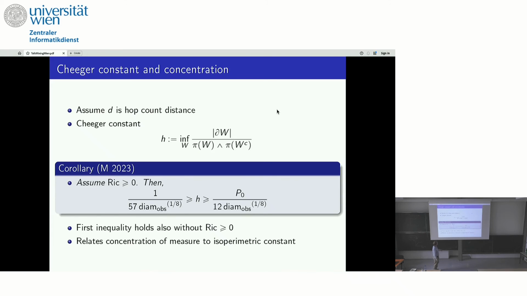So yeah, there is still this discrepancy with the P0, which is something quite typically happening on graphs. So for example, you have the Cheeger-Buser inequality, and also you get this P0 as a factor in between the two sides. So this first inequality is a very general estimate. You don't need anything. But the second is a consequence, a corollary, of the isoperimetric inequality.